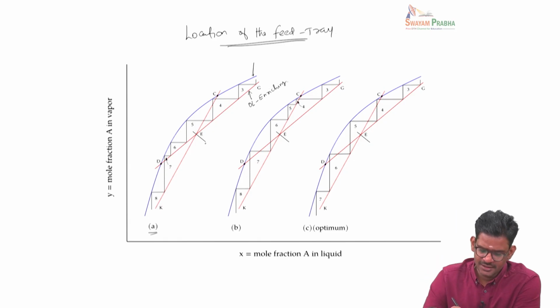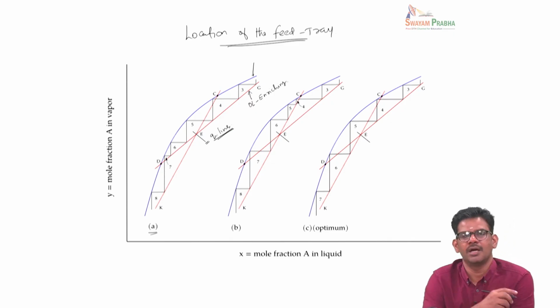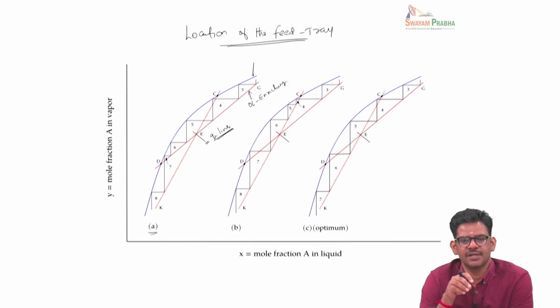This line here is the q line, and the q line is fixed the moment we fix the feed condition, whether it is saturated liquid, saturated vapor, or a mixture of liquid and vapor. Based on the quality of the feed and the feed composition, the q line is fixed.